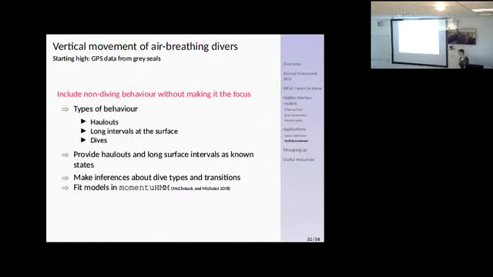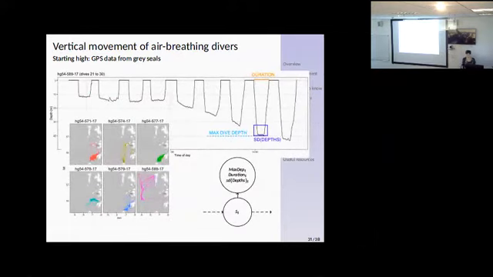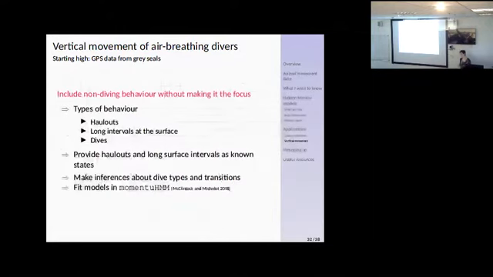So quite often, in the past, when I wanted to know about dives, I've thrown away everything else in the record. So you've got a dive and then a surface interval, and this is the period of diving, but sometimes the animal will haul out, sometimes it will just be at the surface in the top layer of the water column, maybe up to about 1.5 meters, which is the tag threshold for recording a dive.